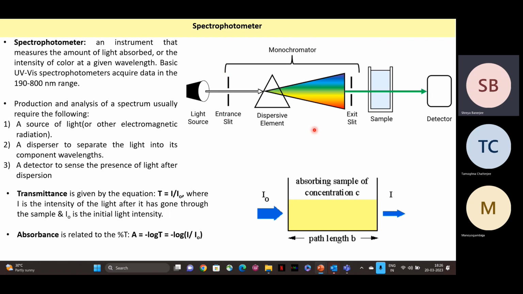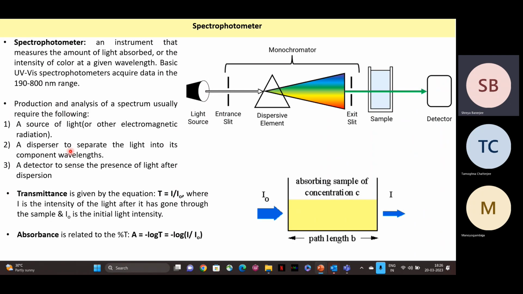That is what this region is doing. Light of multiple wavelengths or white light is entering and only light of a certain wavelength is exiting. This monochromatic light passes through the sample, and whatever light is transmitted is observed by the detector.